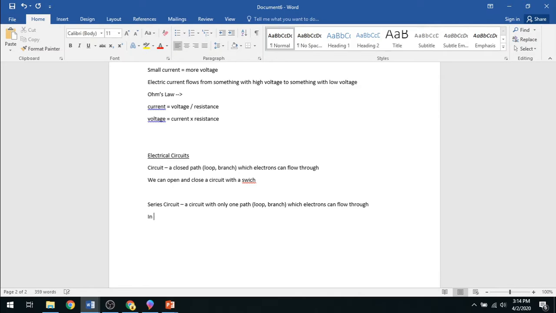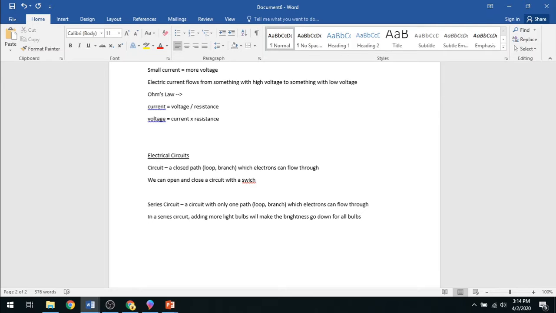So we could say in a series circuit, adding more light bulbs will make the brightness go down for all the bulbs. Okay?